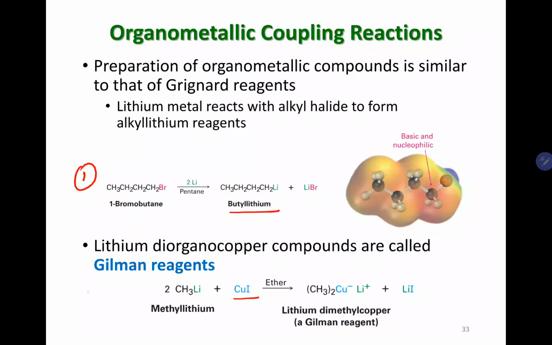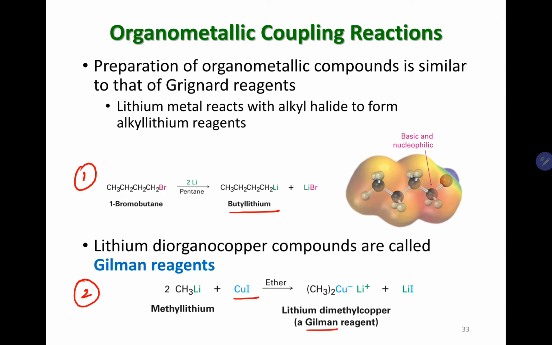That will be the second step. So you react the alkyl halide with lithium to obtain an alkyl lithium reagent, and then the alkyl lithium reagent will be reacted with copper iodide to obtain the Gilman reagent.